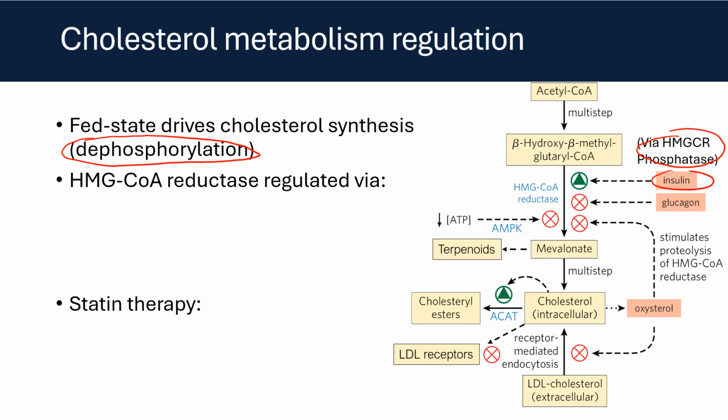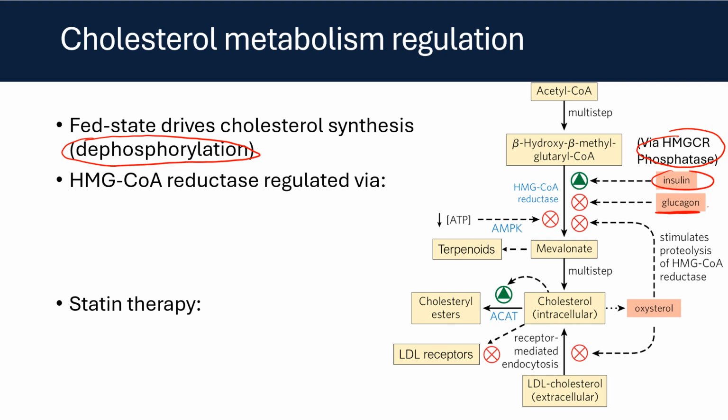As you probably would have guessed, the opposite hormone, glucagon, the hungry hormone, is going to be involved. It in turn is going to shut down this phosphatase, which is going to help keep HMG-CoA reductase inactive.